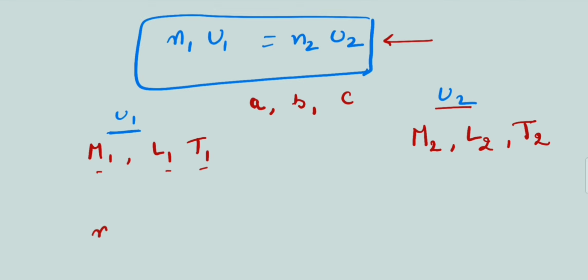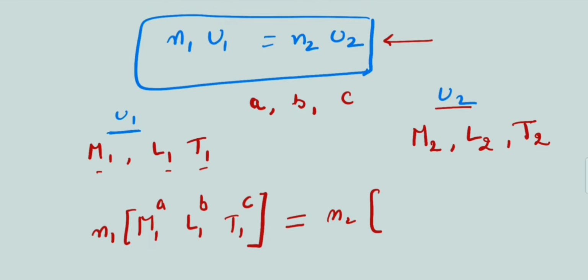So we'll get n1, the dimensional formula, we can write it as M1 raised to power a, L1 raised to power b, T1 raised to power c, close the bracket, is equal to n2 times M2 raised to power a, L2 raised to power b, and T2 raised to power c.